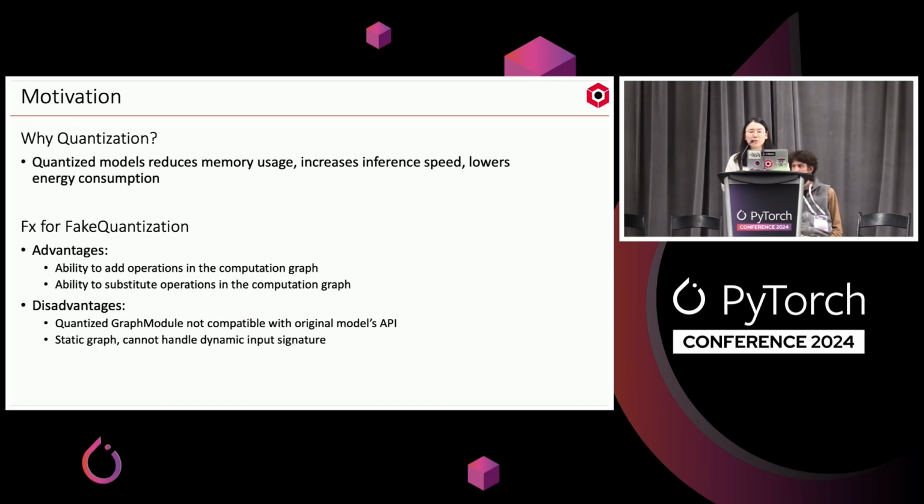However, the Torch.Fx graph module loses access to all the model attributes and methods, making it incapable of tasks such as text generation. And secondly, FX only supports static graphs, while the computation graph of LLMs is highly dynamic.